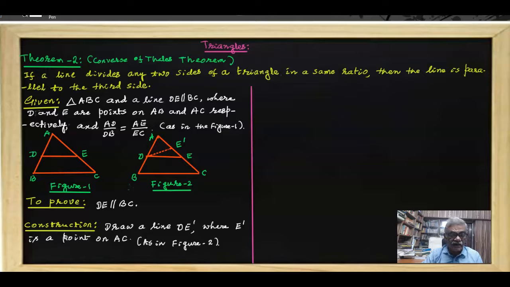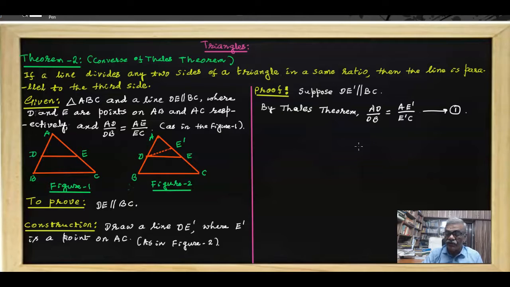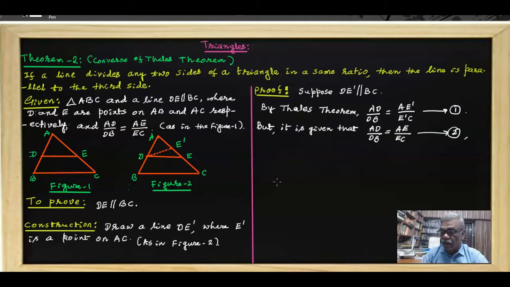Now you can see the proof. Suppose DE dash is parallel to BC. By the Thales theorem, AD by DB equals AE dash by E dash C. Call this 1. But it is given that AD by DB equals AE by EC. I will call it equation 2.